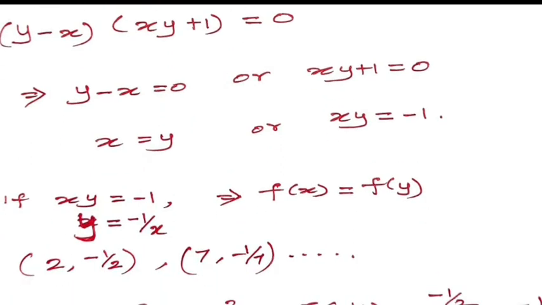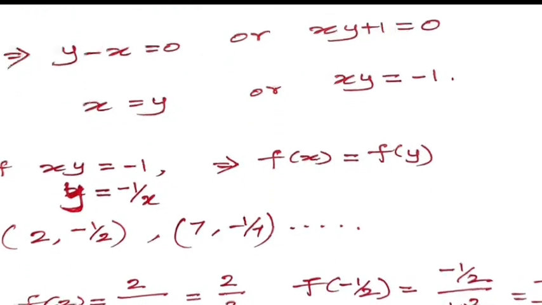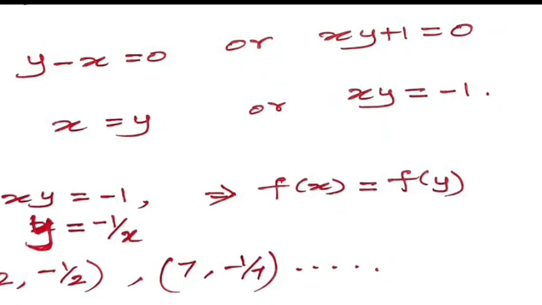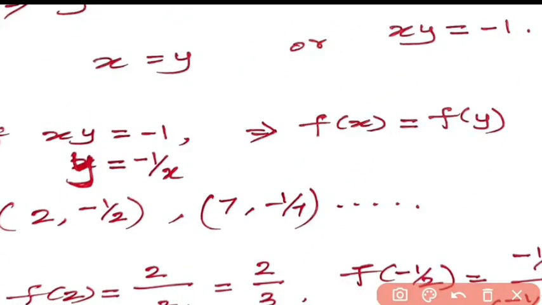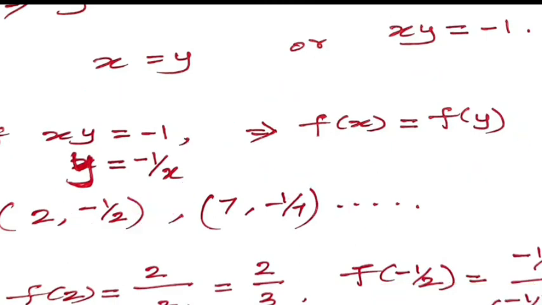Suppose from these we have two conditions: x equal to y, and another one is x into y equal to minus 1. So here xy equal to minus 1, then y equal to minus 1 by x. So f of x equal to f of y is there, but we have another term.